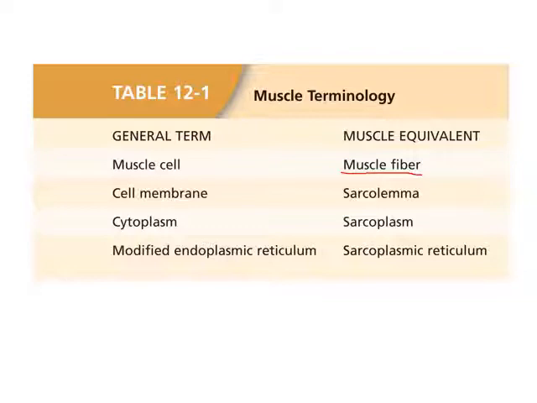The cell membrane for a muscle has a special name, sarcolemma. You'll see the sarco prefix for most of this. The cytoplasm is the sarcoplasm, and then there is a modified endoplasmic reticulum that is important for the operation of the muscle, and that is the sarcoplasmic reticulum.